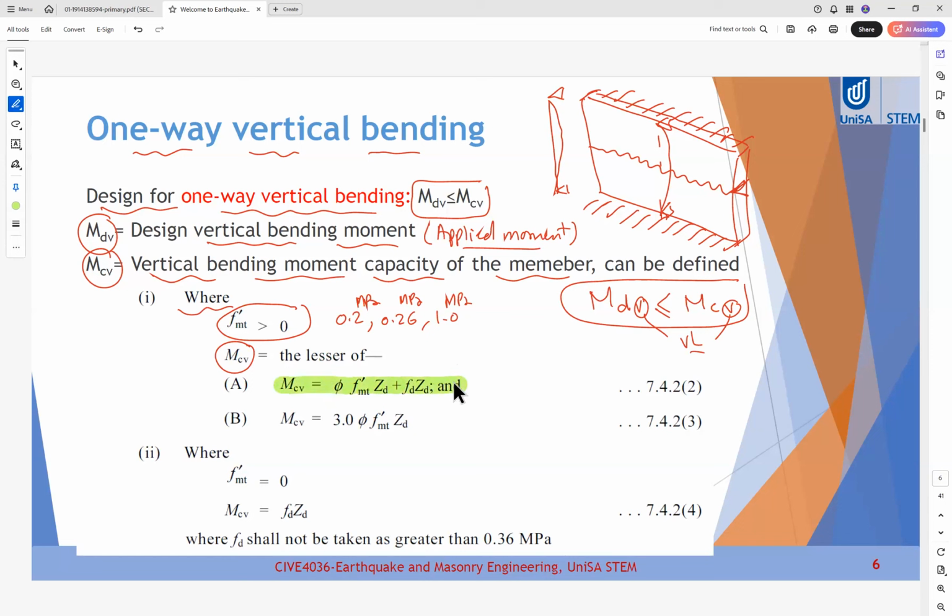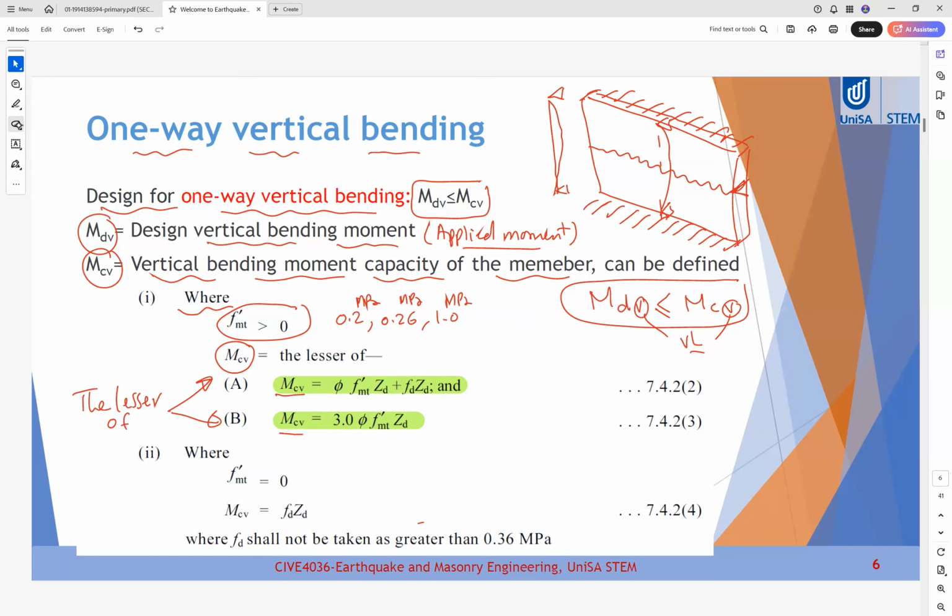Mcv equals phi f'mt times Zd plus fd times Zd. And the other value is 3 phi times f'mt times Zd. So the value of Mcv will be the lesser of these two. We need to calculate the two values and then select the smaller of them.